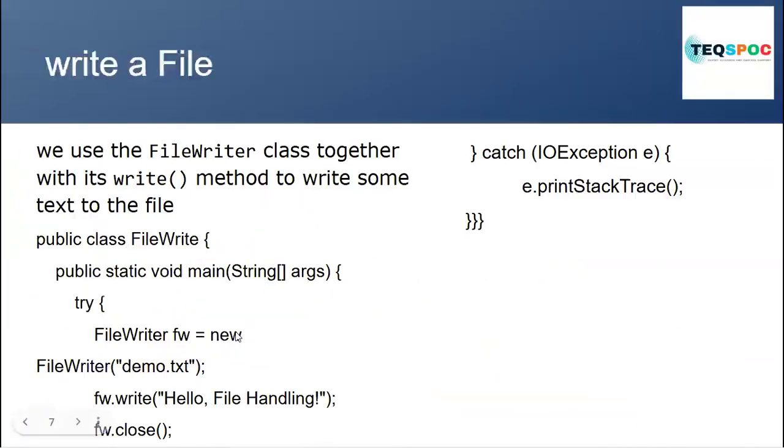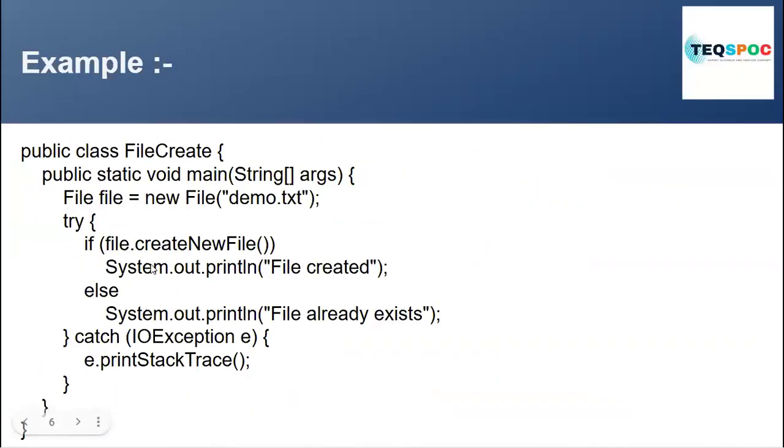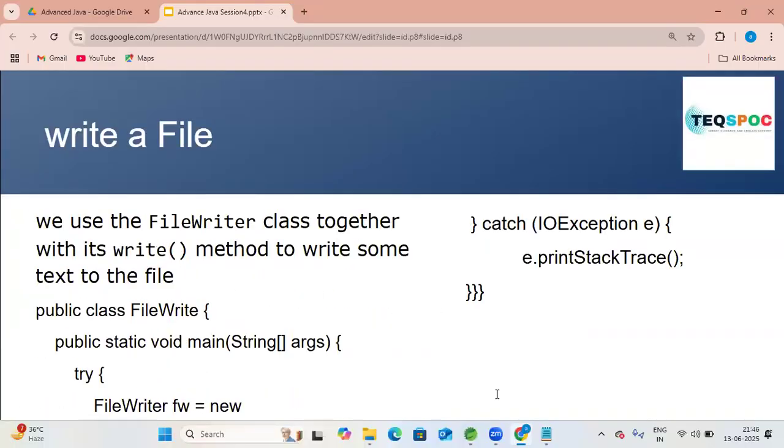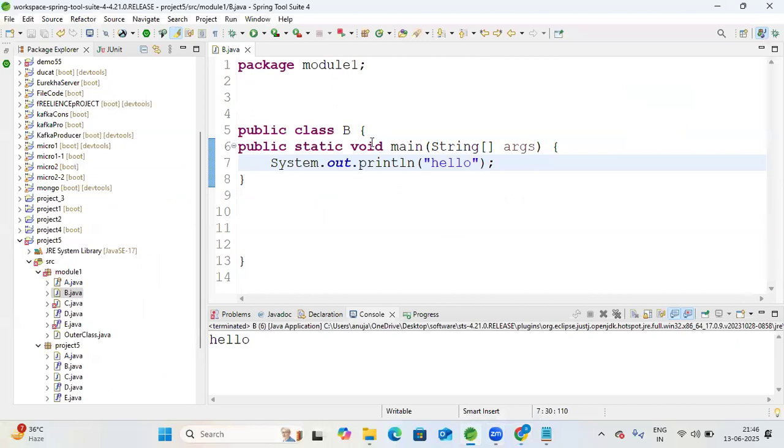Now let me show you an example of how to create a file. This is class B and this is the main method. Inside this main method we will write the code for creating a file.